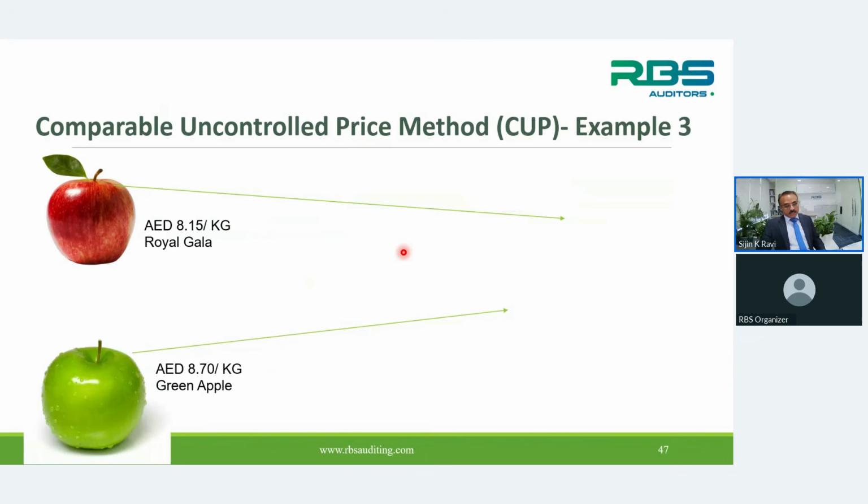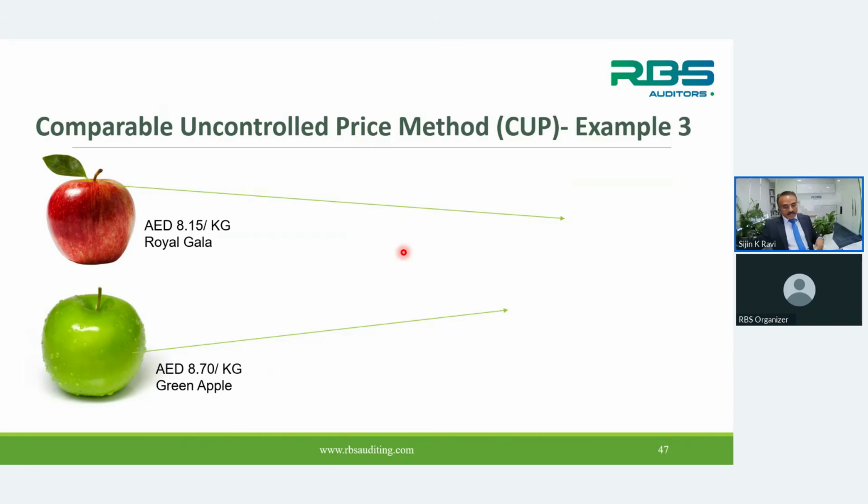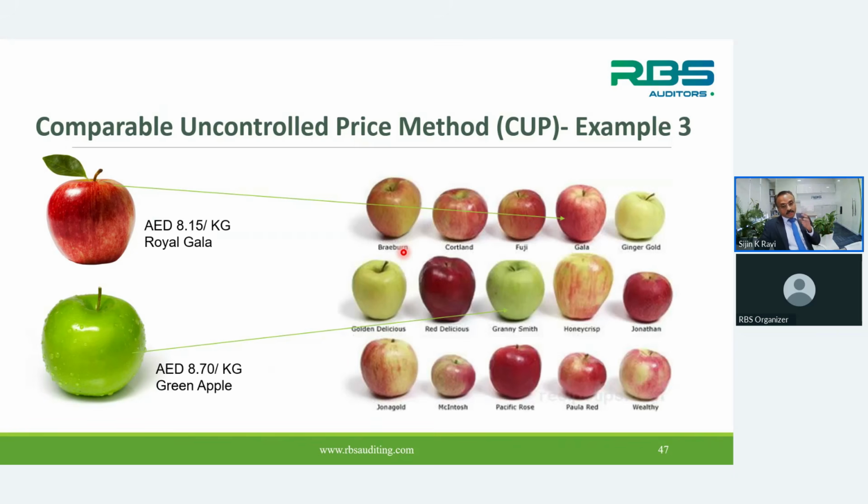Just to understand the concept in detail, for example, you are selecting a red apple and a green apple. In the CUP method, you cannot compare the red apple price with the green apple. If you are following the CUP method, you have to look at a red apple and then the specification. Even red apples have different varieties: Fuji red apple, Honey Crisp, Jonathan, different names.